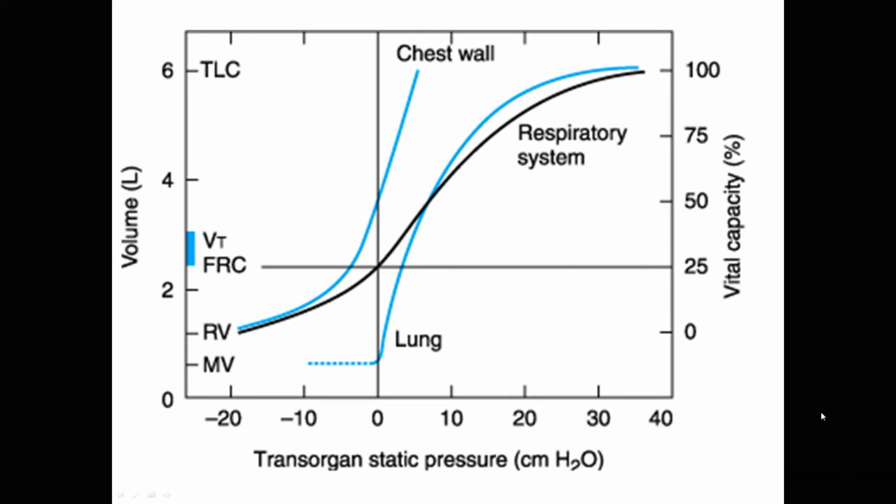The elastic recoil is the tendency of a deformable body to return to its baseline shape. It will depend on two parameters, the tissue elasticity and the surface tension.